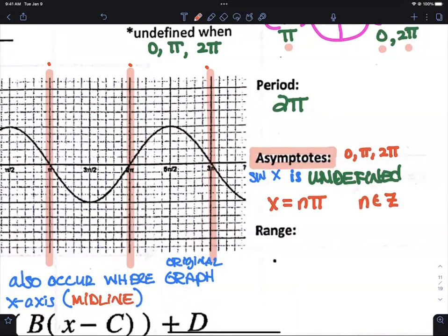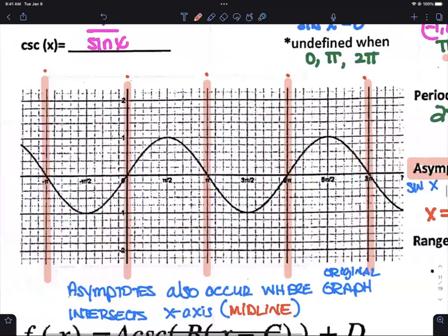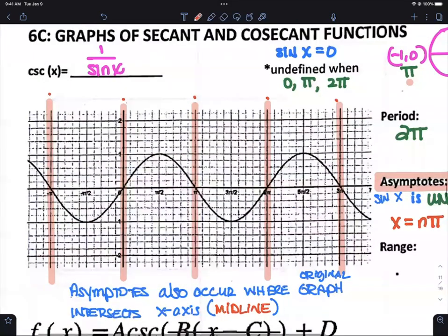That's how you would describe all of the asymptotes. We'll talk about the range in just a minute. So map out the asymptotes and wrap your head around the idea that these are the places where you would have a ratio with division by 0 if the graph were able to cross.